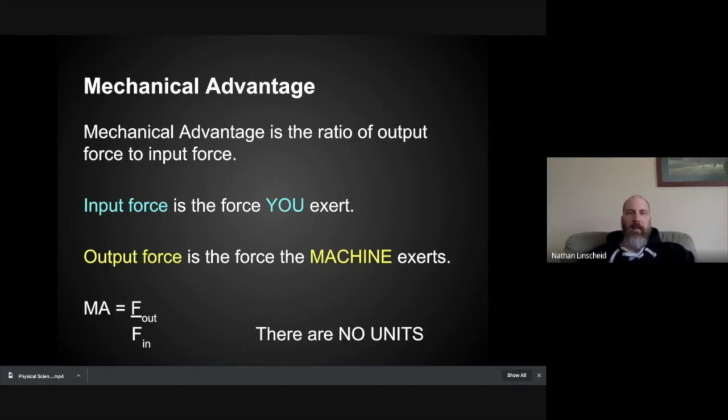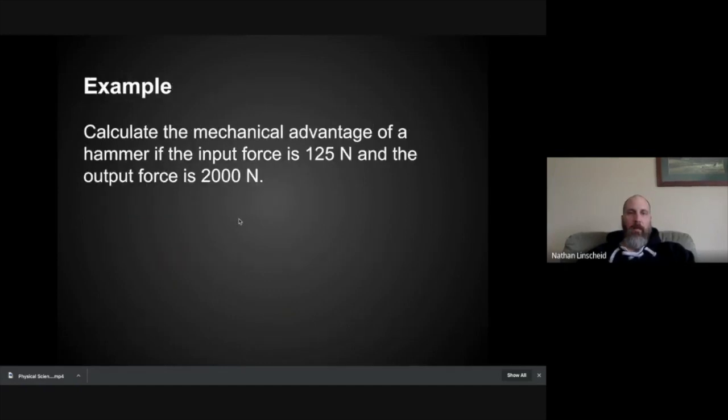If the mechanical advantage is more than 1, then that machine is pushing harder than you are. If the mechanical advantage is less than 1, then you're pushing harder than the machine is. All right, so here, calculate the mechanical advantage of a hammer if the input force is 125 newtons and the output force is 2,000 newtons.